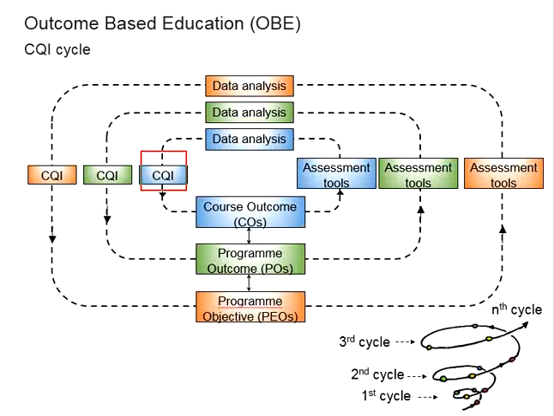There should be actions at the CQI part here. The ultimate goal is to improve the quality of teaching and learning, make it effective for the students to learn so that they are able to attain the course outcome. Once you have completed the CQI part, the entire cycle restarts.